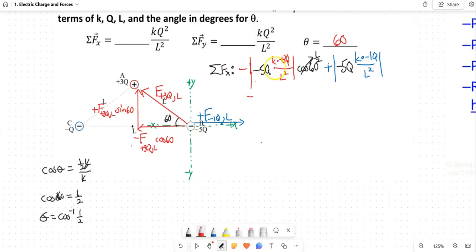So this red equation is going to be 5Q times K times 3Q. I'm getting 15KQ squared over L squared times 1/2, the cosine of 60 degrees, plus 5Q times K times 1Q. So it's going to be 5KQ squared all over L squared.